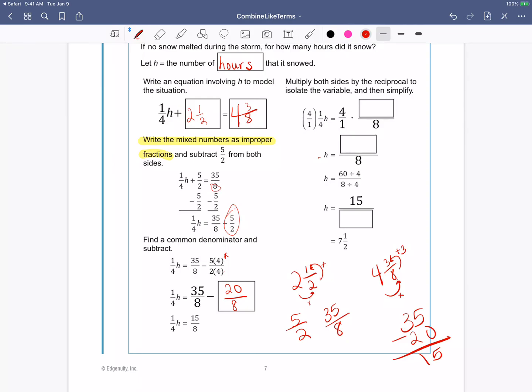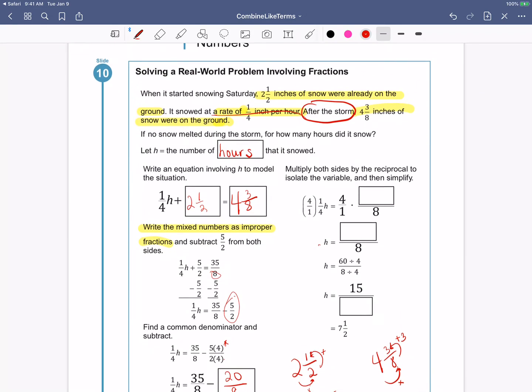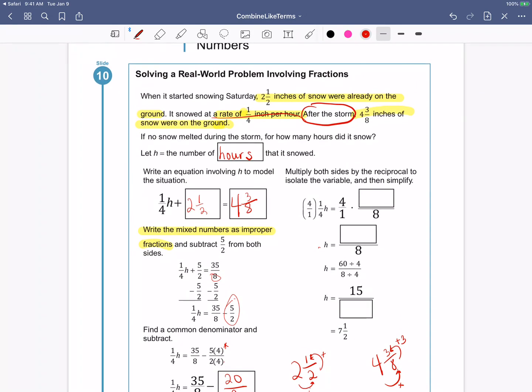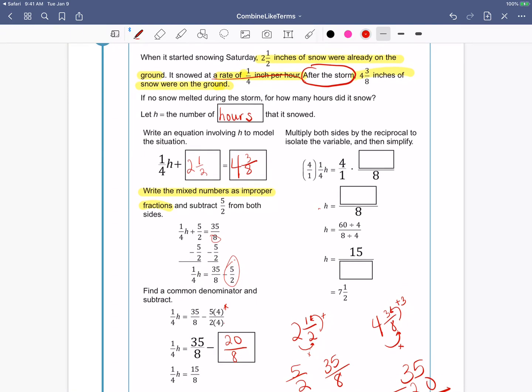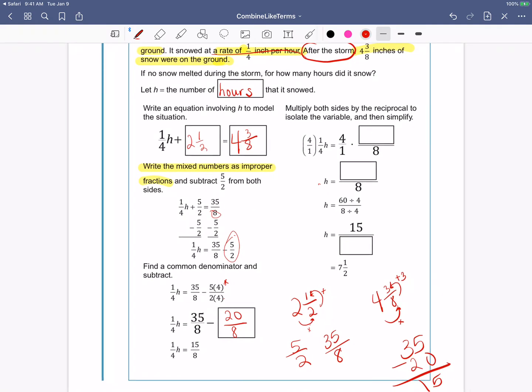But I'm not done yet. Remember, I need to still find what that h is. So I need to multiply both sides by the reciprocal to isolate the variable. Basically saying, to get that h by itself, I need to do the opposite of whatever this is and get rid of it. So I'm going to multiply by 4 over 1. When I do that, I do my multiplication.